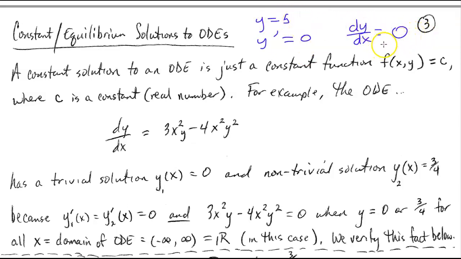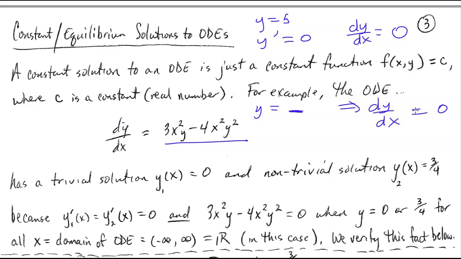But sometimes, of course, we have situations where our derivative of y with respect to x ends up being something different, like this. And in these cases, we need to figure out what values of y will actually produce this same thing of dy over dx is equal to 0.